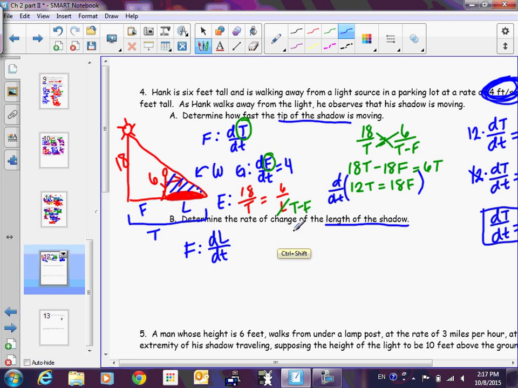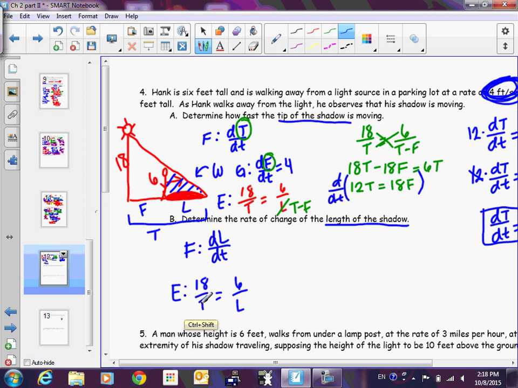So my equation is still going to start out as 18 over T, big height over big base, equals little height over little base. And I'm going to say, okay, I want L, so I'm going to keep L. Do I want to keep T, or do I want to switch it?